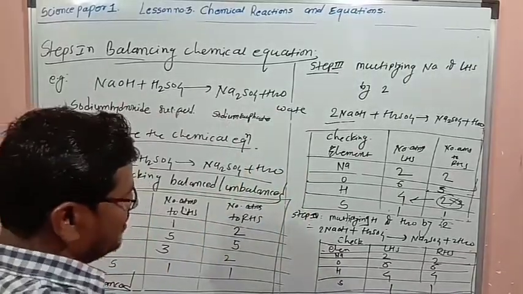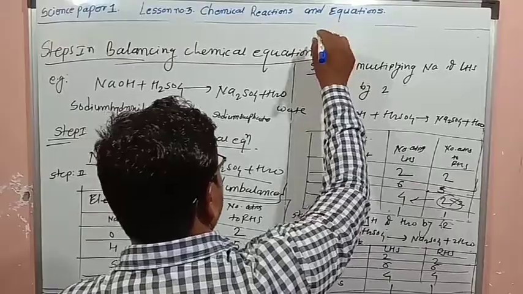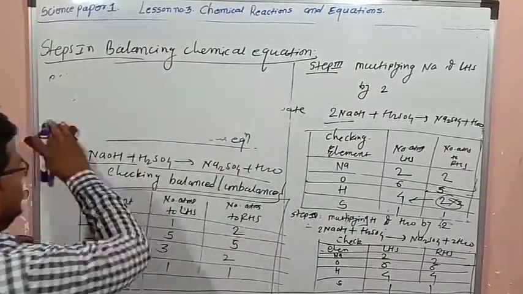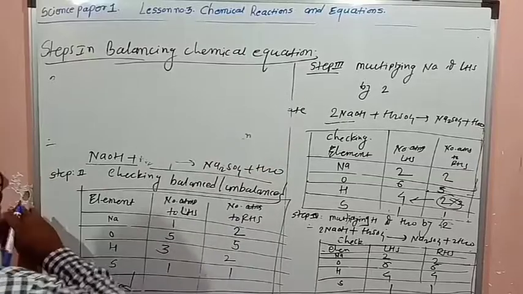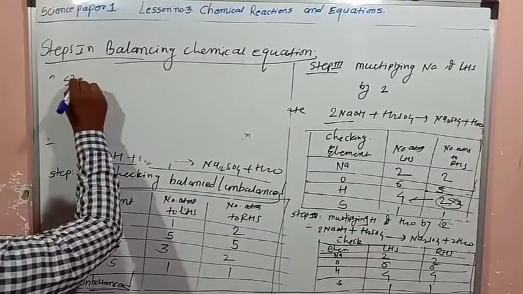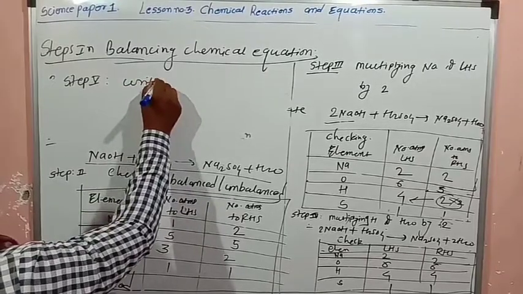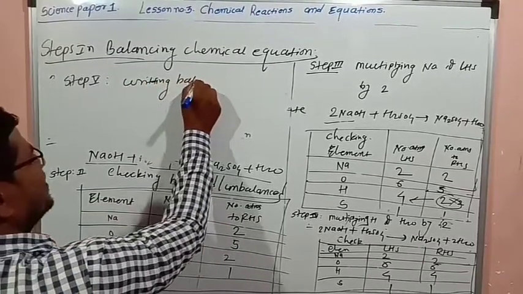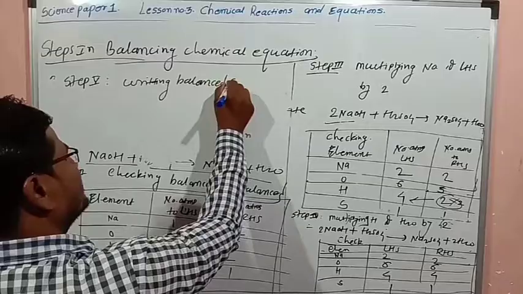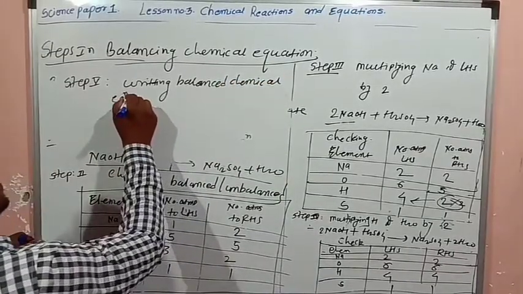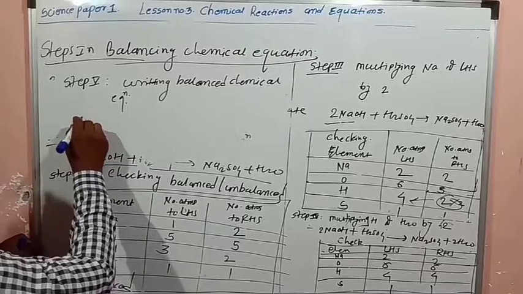And the last step is there. What is the last step? That last step is step number 5, writing the balanced chemical equation. So how will you write?